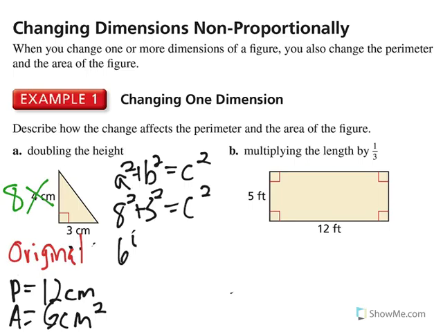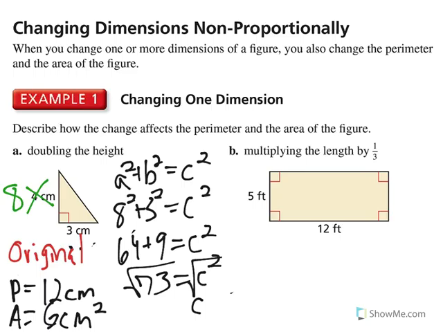So when I do 8 squared, I get 64. 3 squared, I get 9. Add those together, you end up getting 73. To get c by itself, we take the square root. And so c is the square root of 73. We can approximate that and get a decimal. And so when we do the decimal, we get about 8.54.